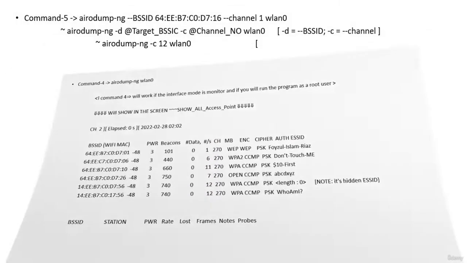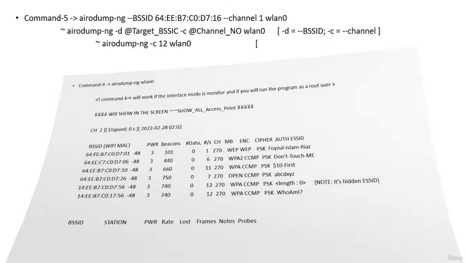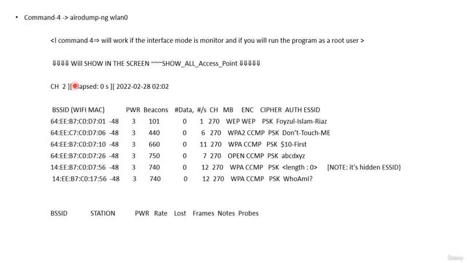The next command is airodump-ng with the BSSID, then give the BSSID, then you can also give the channel, 1, then the interface name. Why would you use this command? Suppose I want a specific analysis.